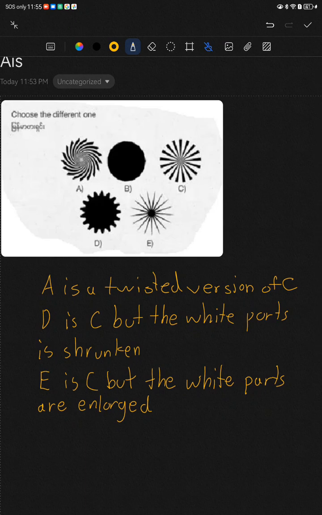So for A, D, E, they're just distorted forms of C. But in B, the black parts completely change. It wasn't distorted, but completely changed.